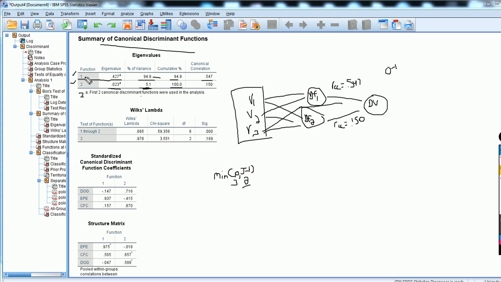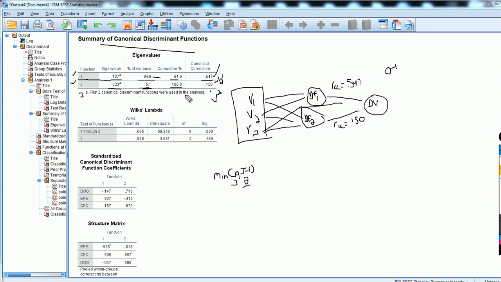So each function that is extracted accounts for less and less of the total between group variation with respect to our predictor variables. So it's no big surprise that the canonical correlations will exhibit this kind of relative ordering. So basically, ordering of 1 and 2 in magnitude, there would be a 3 in magnitude, and so forth for any subsequent functions.